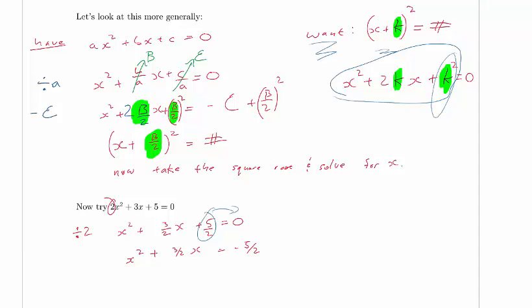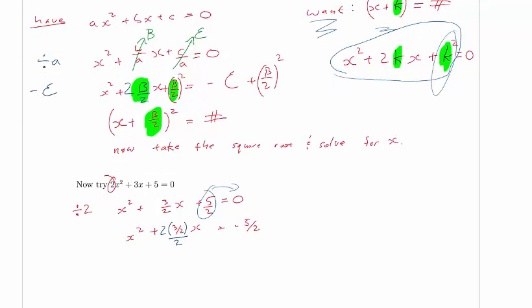So like we did before, we're going to look at this number. We multiply it by 2, and then we divide it by 2. Alright, that's how that works. And let's go ahead and just rewrite this one for simplicity's sake. We get x squared plus 2 times 3/4 times x is negative 5/2.